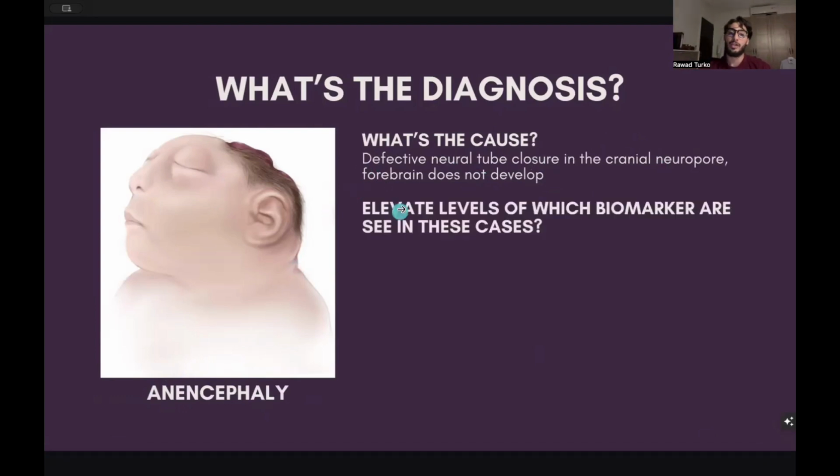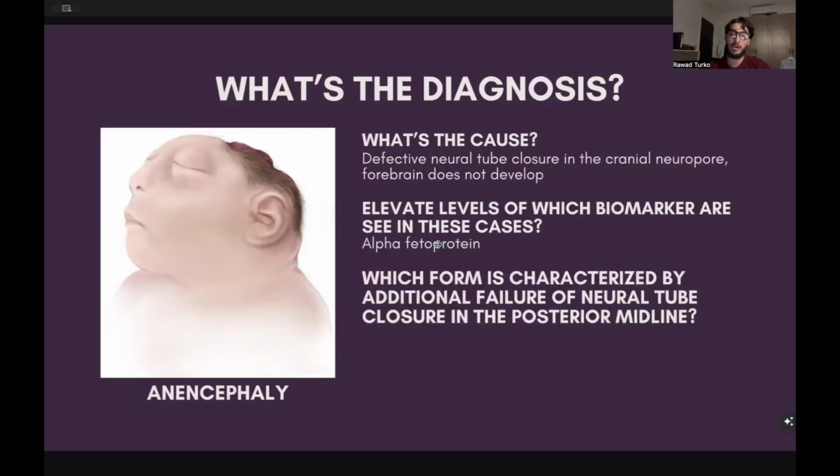Okay, elevated levels, I should say, of which biomarker are seen in these cases? It's alpha-fetoprotein, something to remember. Which form of anencephaly is characterized by additional failure of neural tube closure in the posterior midline? So imagine you have anencephaly, which is a failure of the cranial neural pore to close, but in addition to that, you also have failure of the neural tube to close in the posterior midline.